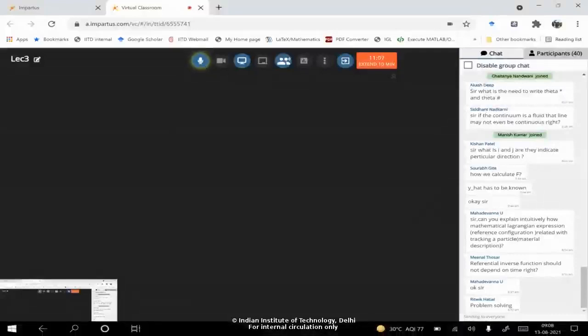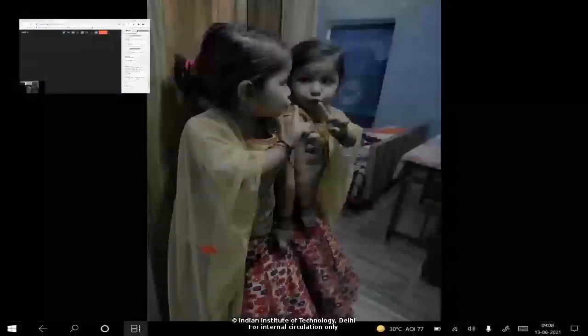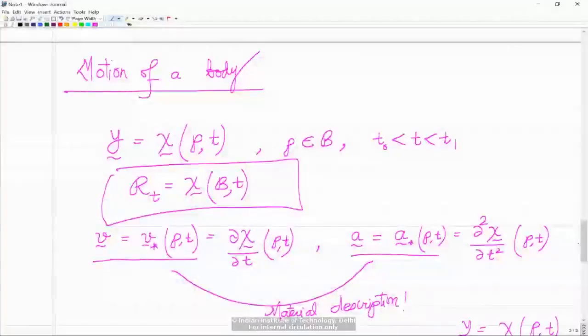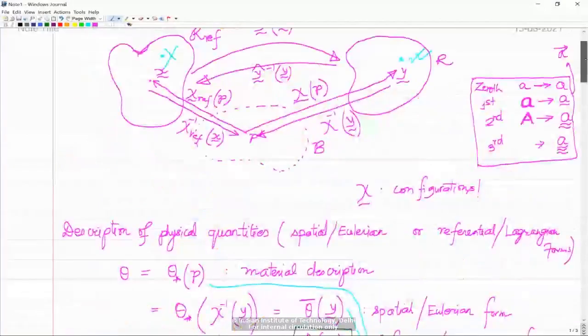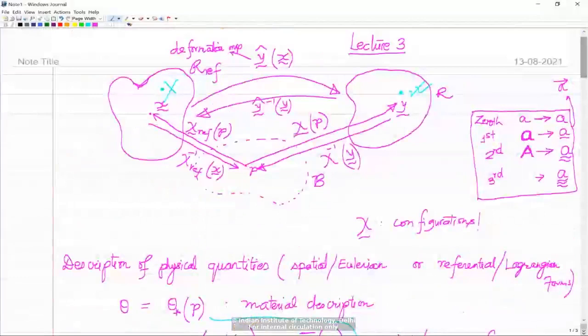Let me show you that picture here. That's the first picture that we did today, right? So you can see that the reference configuration is independent of time, the body is independent of time. So then the inverse or the direct map or inverse map, they will all be independent of time. If I have to introduce time here, let me then introduce it.